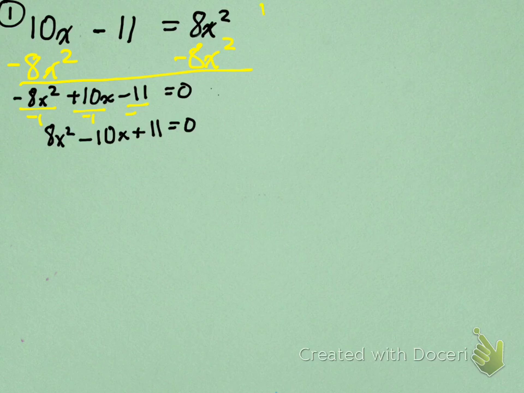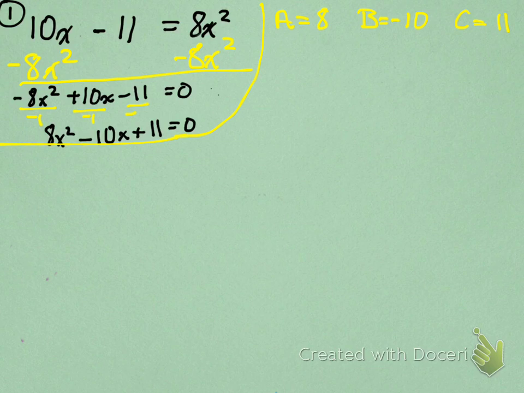So let's identify a, b, and c. A is in front of your squared term. So what's in front of your squared term? 8. B is in front of your variable without a square. Negative 10. And c is your constant. And so we're going to take this information, plug it into the discriminant, and work from there.